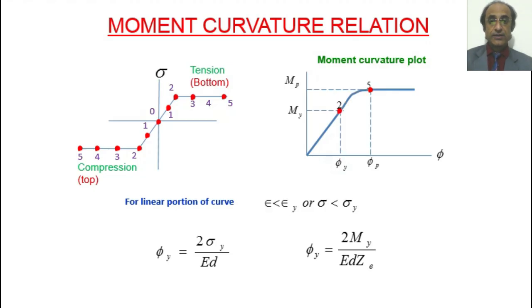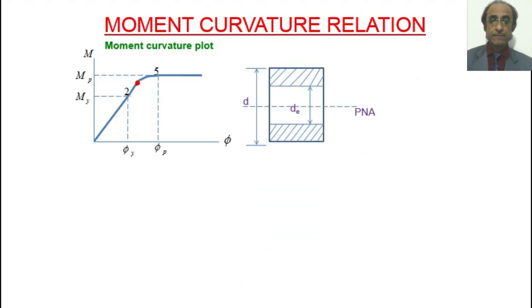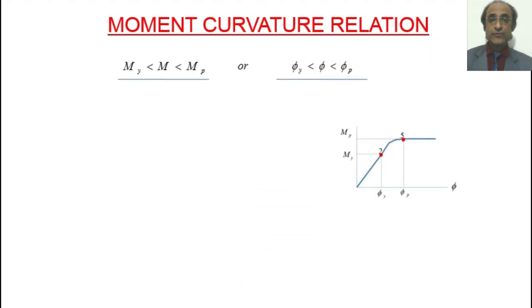Now the only portion left is in between points 2 and 5. So we can intuitively draw a curve, but what we want is an exact expression for this region. So for this purpose, we do a very simple derivation for this rectangular section. So going further, now we have to convert this relationship into curvature.